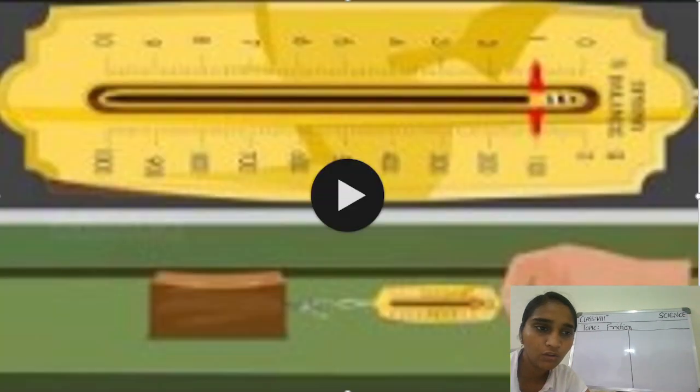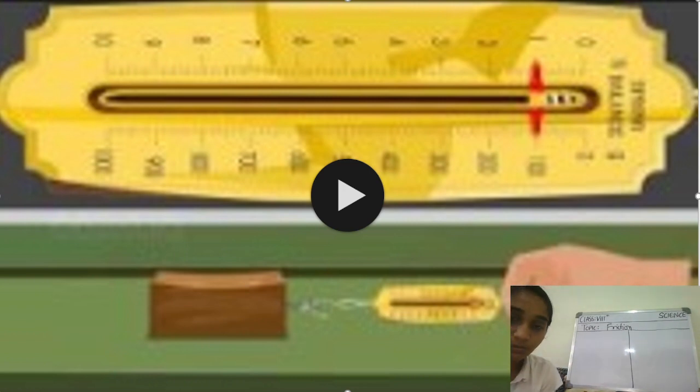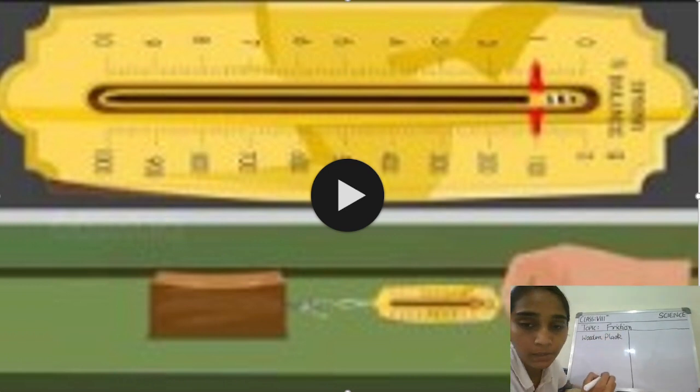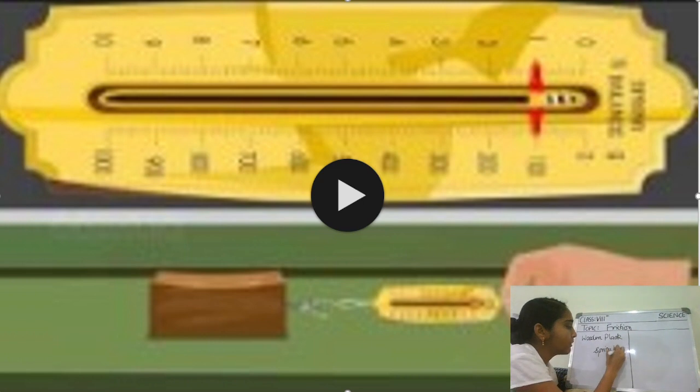So students, what have you observed? What just happened? Yes, very good. There was a wooden plank, right? And what did we attach to that wooden plank? Yes, a spring balance, basically to measure how much force is acting on that wooden block if we are pulling it with the help of the spring balance.